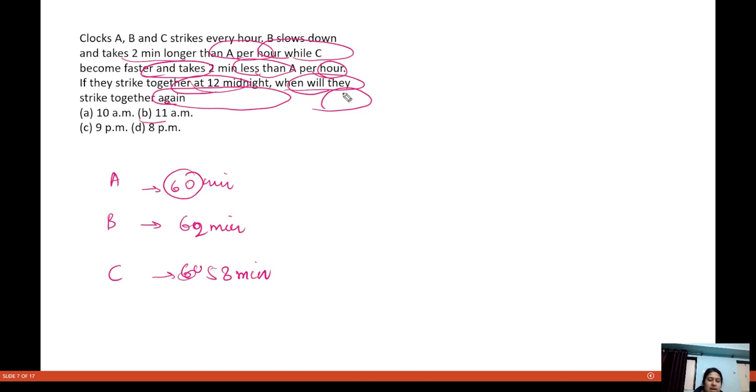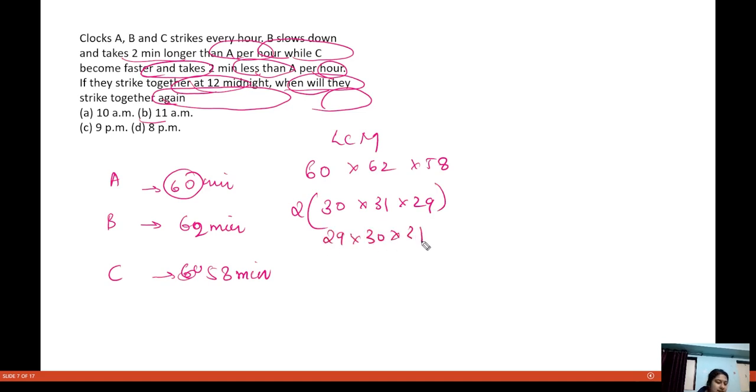So first we have to take the LCM of these three. Let us take the LCM of 60, 62 and 58. If you take 2 as common, then you have 30, 31 and 29. 29, 30 and 31 are co-prime numbers.